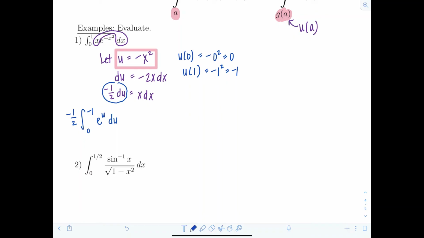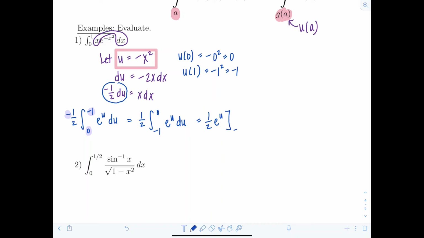Now look, one slick move we can do is flip the limits of integration, and then I can get rid of that negative, right? I recommend doing that whenever possible. It'll be easier to evaluate. So I'm going to have positive 1/2 times the integral from negative 1 to 0 of e to the u du. All right, and the antiderivative of e to the u, one of my favorites, is just e to the u.